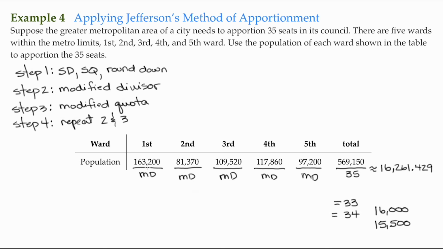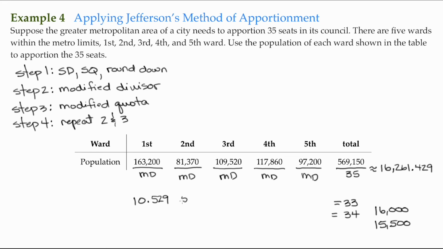So we have our new modified divisor of 15,500. So 163,200 divided by 15,500. That gives us 10.529. 81,370 divided by our modified divisor of 15,500.